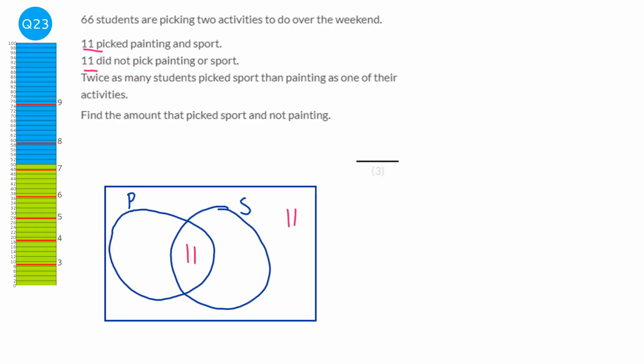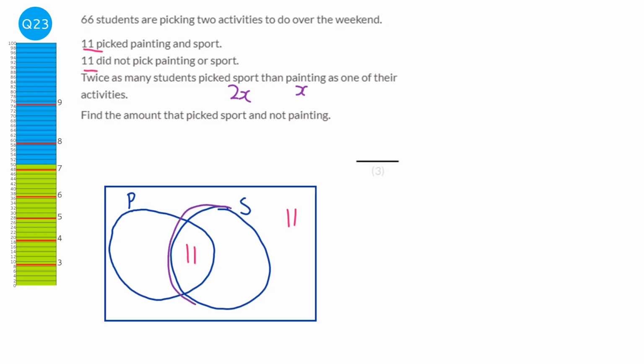Now here's the problem. It says twice as many people picked sport than painting as one of their activities. So it's saying that the total number in the sport circle is twice as big as the total number in the painting circle. Now, what we can do is we can say, okay, so if the painting we label as X, then the sport will be 2X.